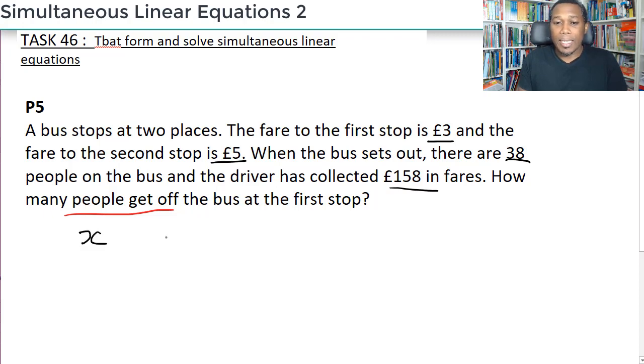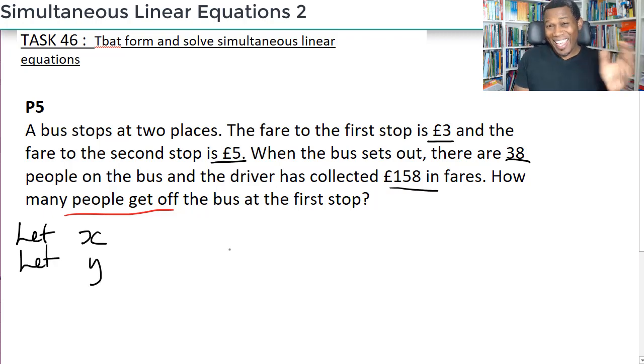X can represent the number of people. How are you going to write it? We have to say what we're going to let x be and what we're going to let y be. I'm going to give you a moment to think about that, and to help you think about it, let's leave the formalities a little bit and see how we can build an equation from this information.